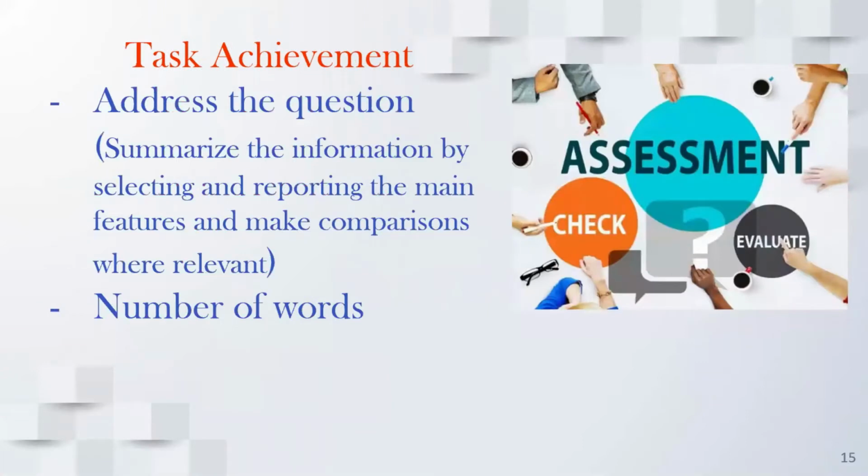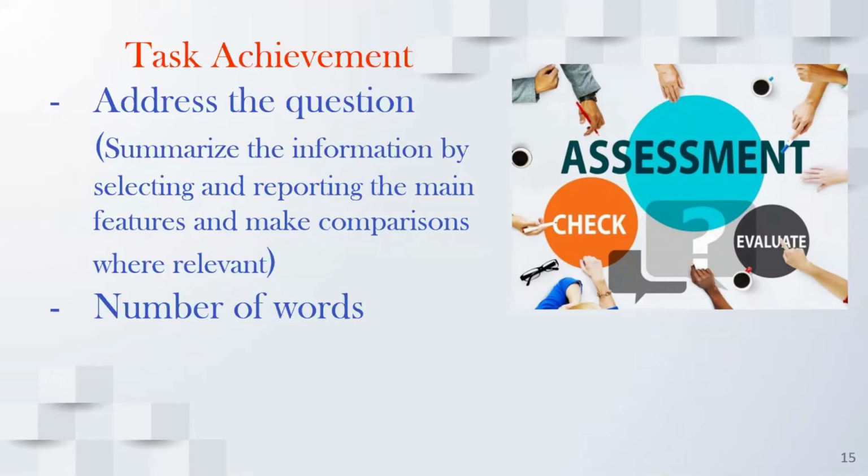Task achievement. This is looking at how well you have addressed the question that you have. For task 1, and this is always the case, you're supposed to summarize information by selecting and reporting the main features. And if it's relevant, you make comparisons.